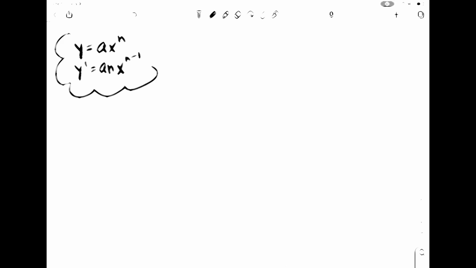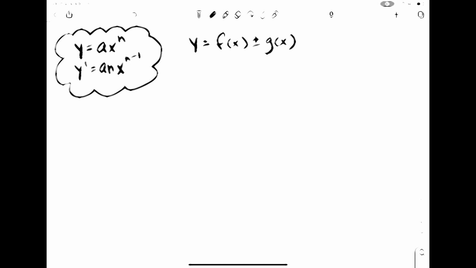We've got another rule that will allow us to evaluate the derivative of polynomials. If y equals f of x plus or minus some other function g of x, and I could keep on going and going, plus h of x plus j of x, etc. You get the idea here. Then y prime is the derivative of this term plus or minus the derivative of this term.